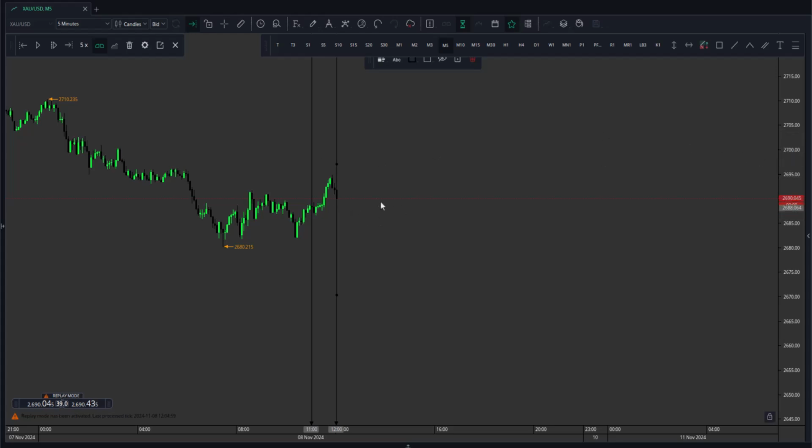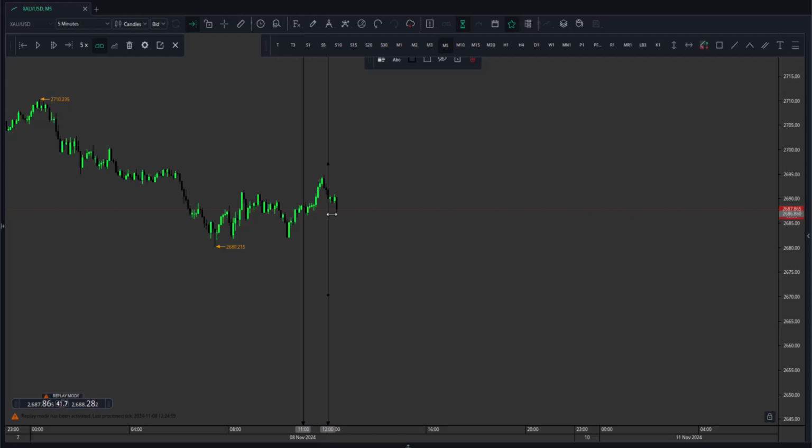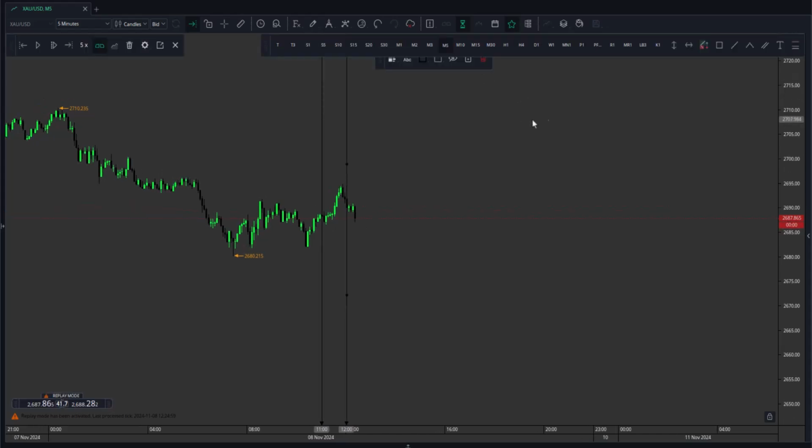At this moment we had a fair value gap right here, and I've told you guys, until that fair value gap is taken, do not venture into entering a trade. Now this fair value gap got respected several times before it got taken. Then I was like, okay, these are my levels right now.